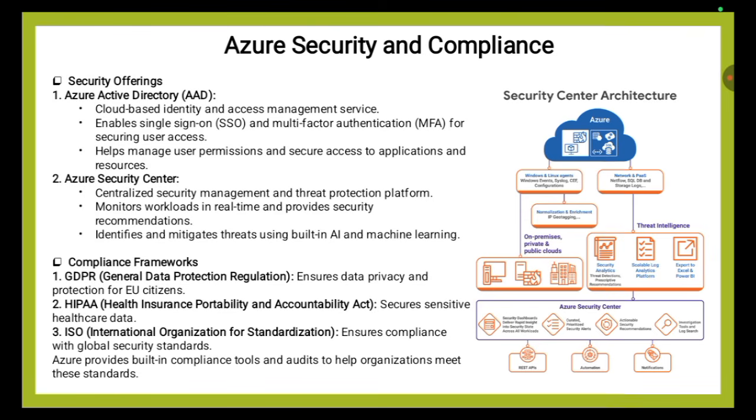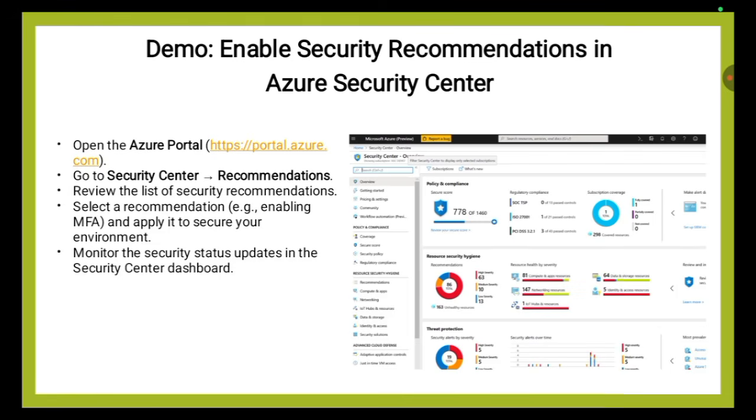The data is then used in the threat intelligence layer for security analytics, log analysis, and export to Excel and Power BI. Finally, the Azure Security Center layer provides security dashboards, prioritized alerts, recommendations, and investigation tools supported by REST APIs, automation, and notification. So this can be said as per the details mentioned over here. Now let us move to the next part.